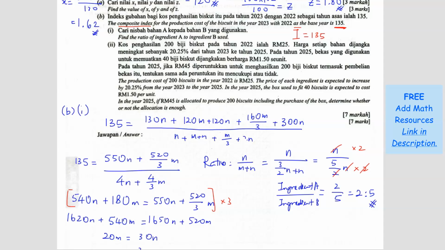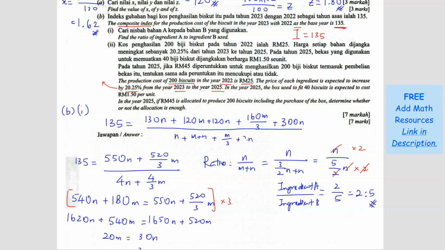Alright, question B2. Let's see what they're asking for. The production cost of 200 biscuits in 2022 is 25 ringgit. So this is for 200 biscuits. The price of each ingredient is expected to increase 20.25% from 2023 to 2025. So what does this mean?